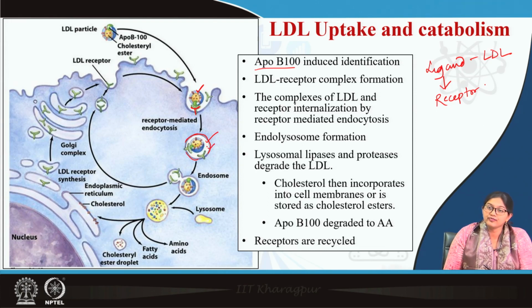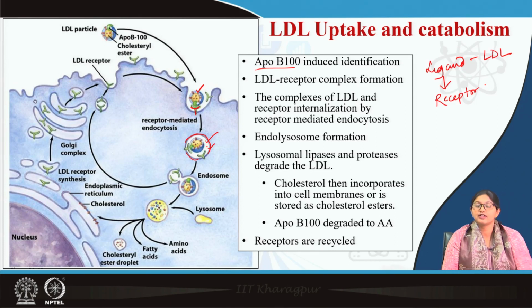Now, this endosome is fused with the lysosome forming endolysosome. Inside the lysosome there are different hydrolases. Hydrolases break down the cholesterol esters inside the LDL particles. Now, what happens?